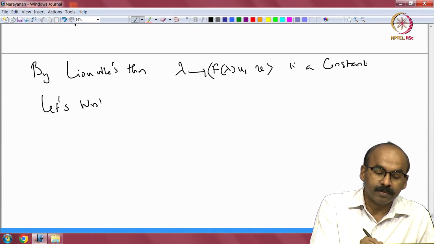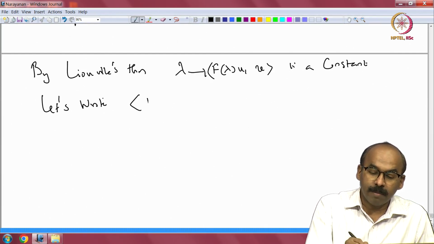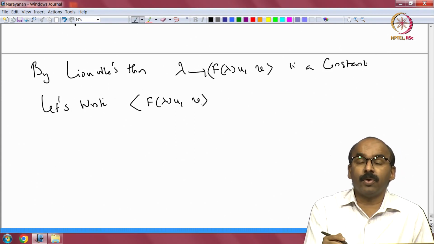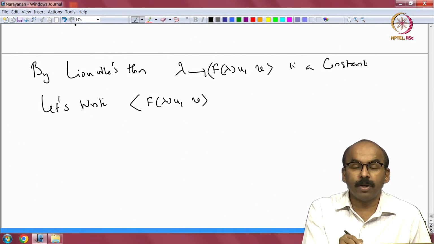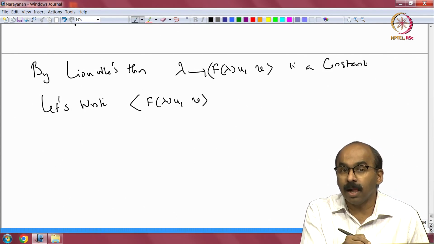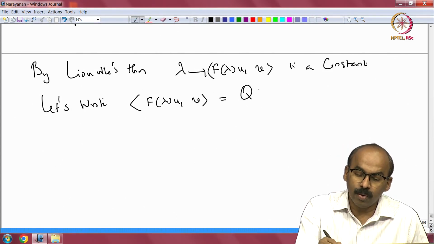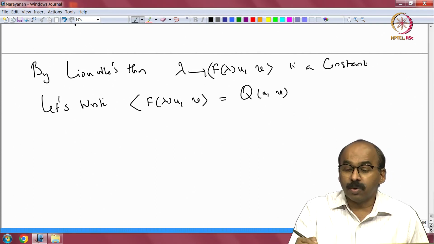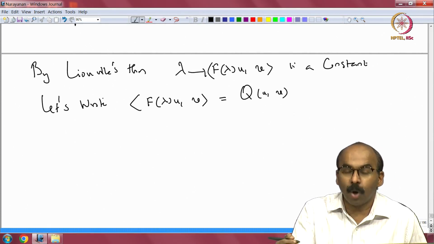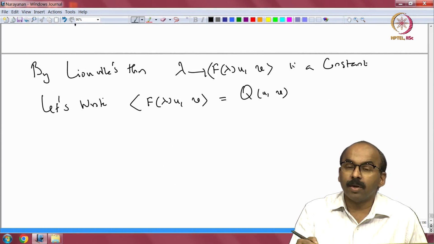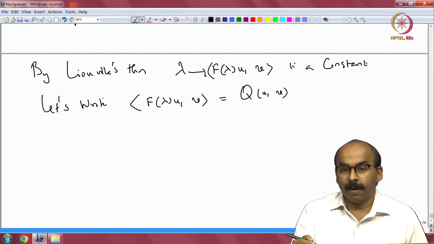Of course, it depends on u and v, but it will not depend on lambda. As a function of lambda, it is a constant. Let us call this q u v. So, q u v is some complex number, but it is a constant with respect to lambda.